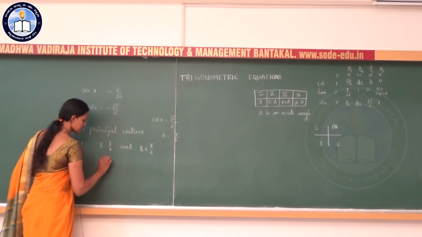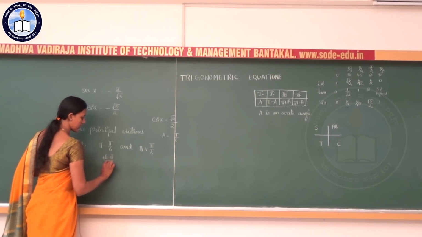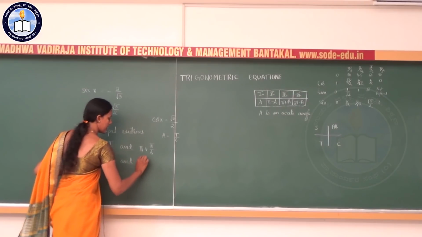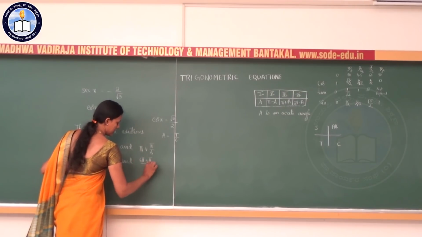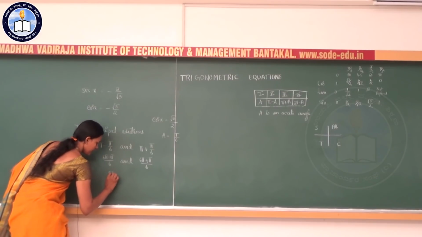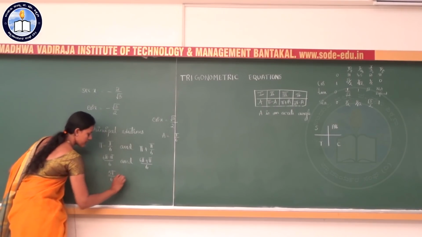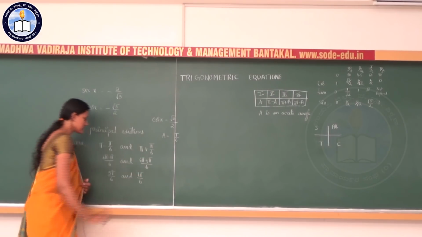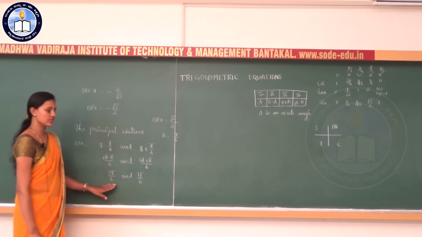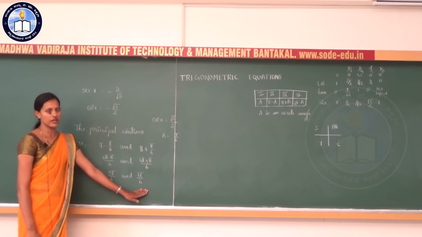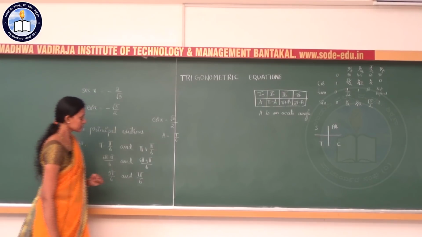Simplify, this is 6 pi minus pi by 6. Here it is 6 pi plus pi by 6. So, we have 5 pi by 6 and 7 pi by 6. So, the principal solutions are 5 pi by 6 and 7 pi by 6.